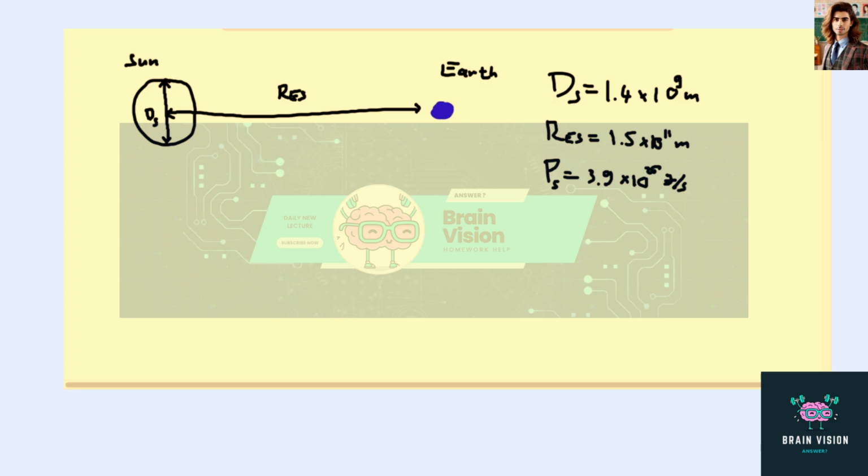So to answer the first part of the question, we are told what the diameter of the sun is. So assuming that the sun is a spherical surface, then the intensity is going to be equal to the power radiated by the object over the area over which it radiates.